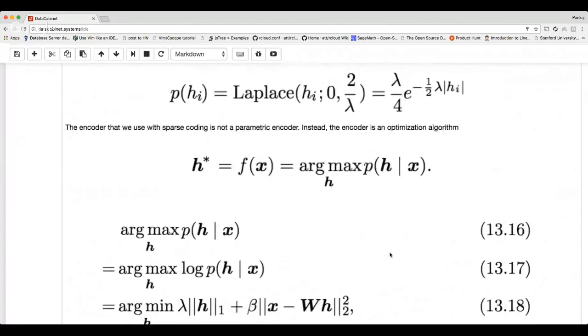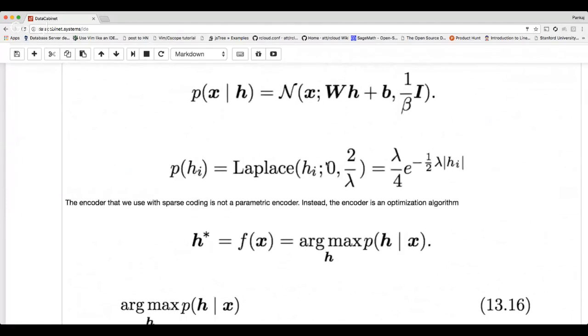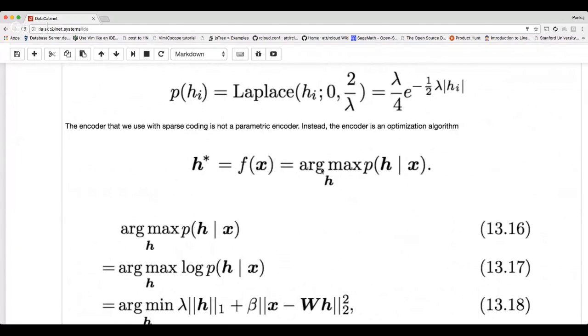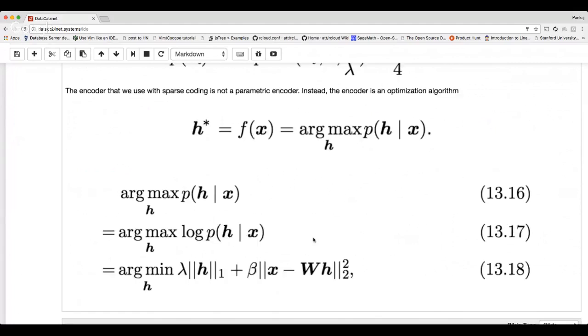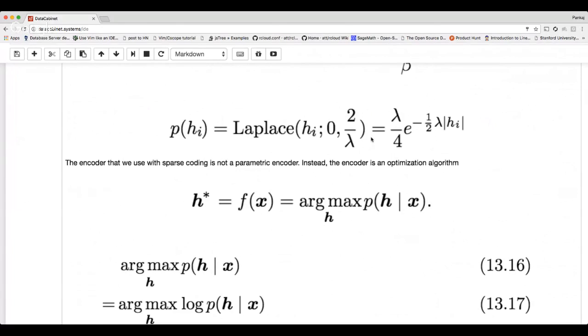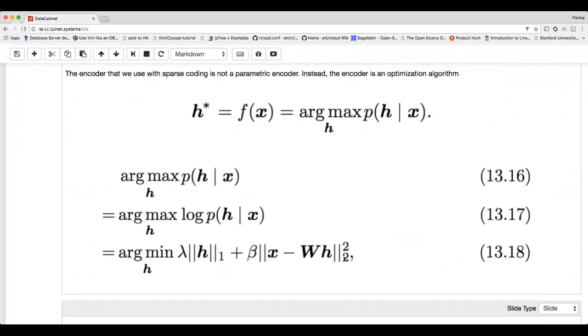If you take these two and unroll this, it becomes the maximum of log of p(h), because log is a monotonic function, and then it becomes an argmin of lambda times the norm of h plus beta times (x minus Wh) whole squared. If you take Laplace, then this is the argmin that you will get.